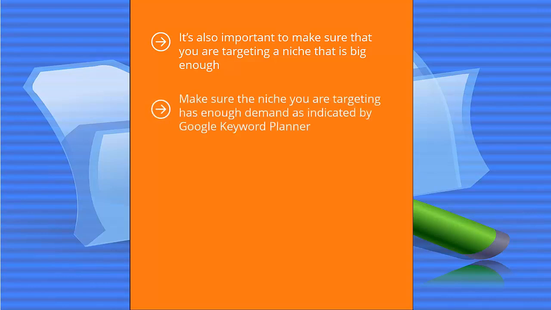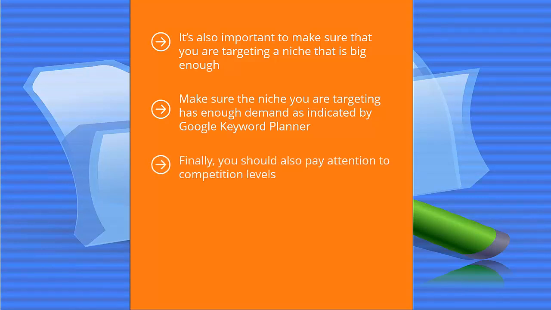Make sure the niche you are targeting has enough demand as indicated by Google Keyword Planner. This tool not only tells you how much advertisers are willing to pay per click, but it will also give you an estimate of the volume of searches for keywords related to that niche. You're looking for a nice combination of decent commercial value with decent traffic volume.